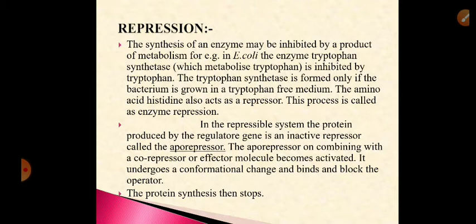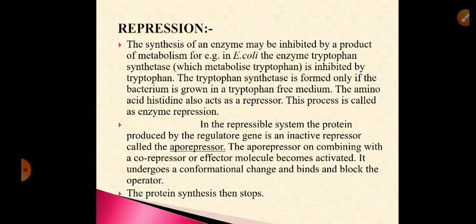What happens in a repressible system? The protein that is produced by the regulator gene is actually inactive. Understand this: according to the repressible system, the protein produced by the regulator gene is an inactive repressor protein. It is called aporepressor.